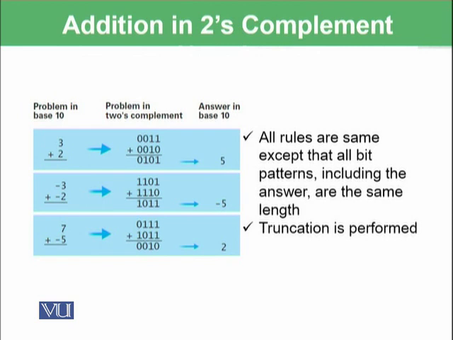Now addition in 2's complement is the same as we have discussed for binary addition. For example, we have used 3 plus 2. You can see 011 plus 010 is 0101, which is the combination of 5. That is awesome. What about -3 and -2? This is giving you -5, as you can see, with the bit pattern of 1011.